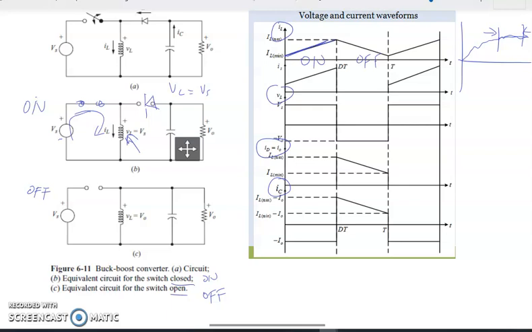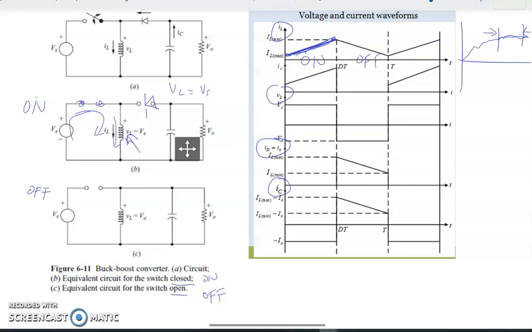So it starts at the minimum and rises up to the maximum, where the switch turns off. When we switch on, it rises up. When we switch off, there is still current stored inside the inductor, and it will try to keep flowing.